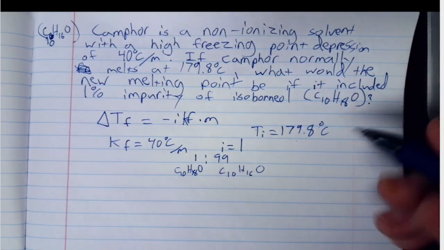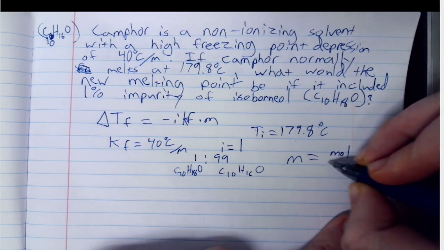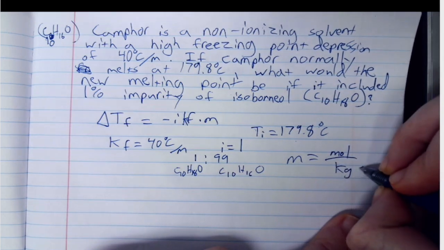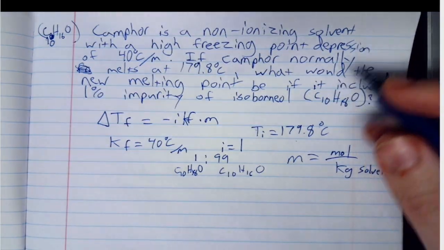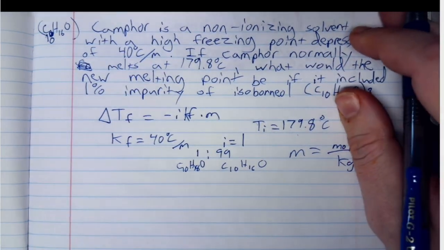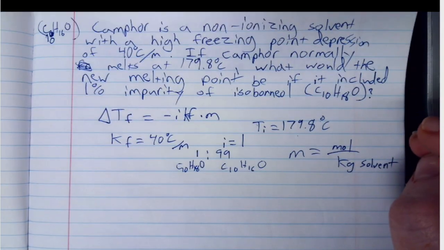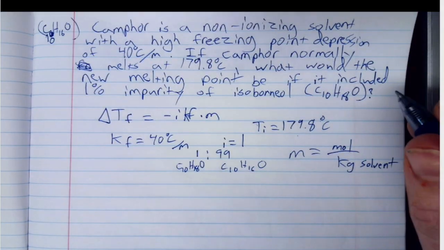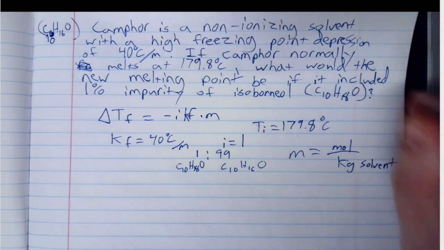Now, one last thing. Molality, remember, is moles of solute over kilograms of solvent. I'm going to ask you to pause it now and try to solve this, and then I will work it out for you to see how well you did. Pausing it now.